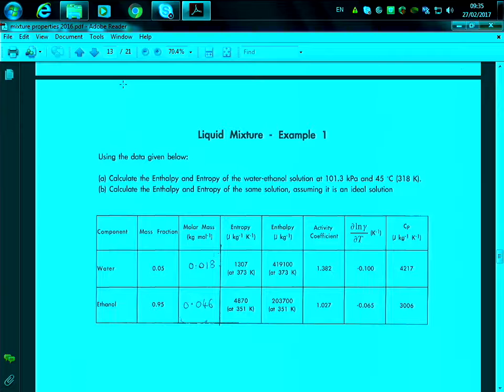Reverse implication. When did you get what it was? Reverse. This is the impression of this one. This is liquid mixture. This should be some mixture. This one is liquid.